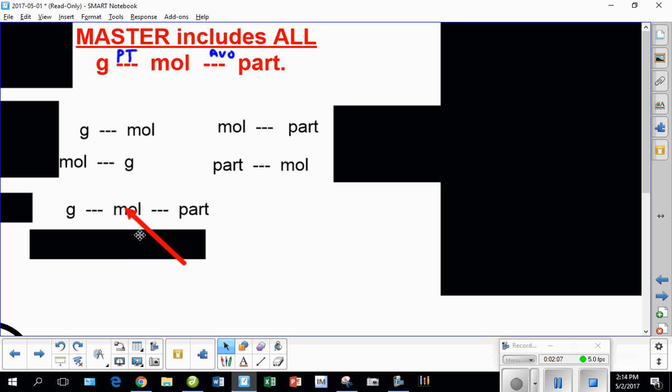And in this case, since we are in periodic table territory, the bottom part of this is going to get grams from the periodic table. And particles will always be avo, and on the bottom we have 1 mole.